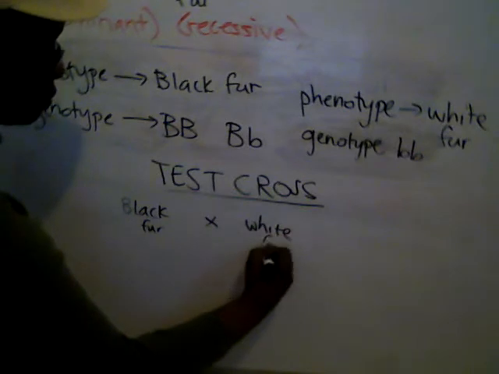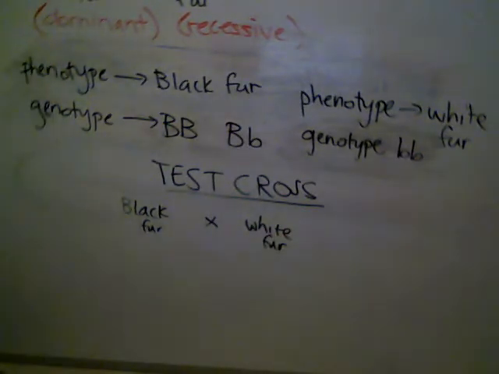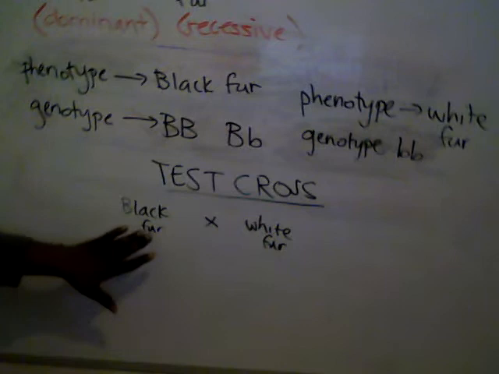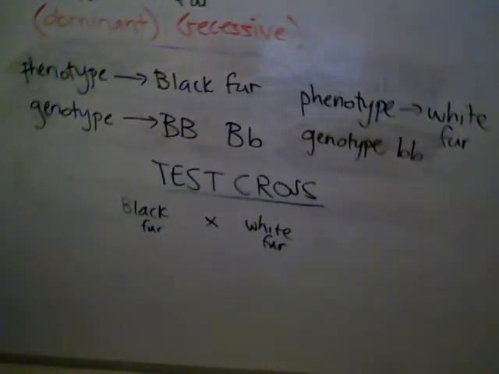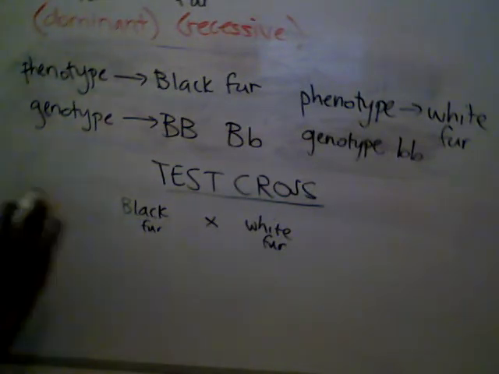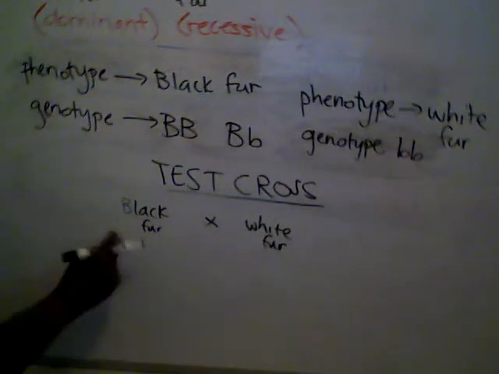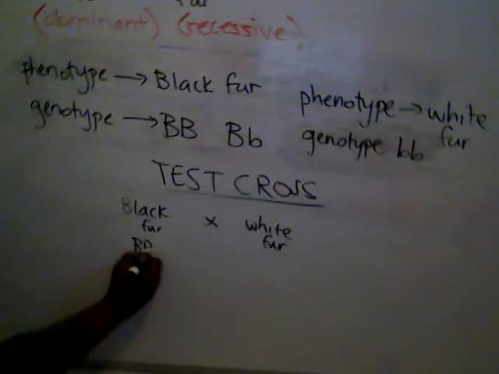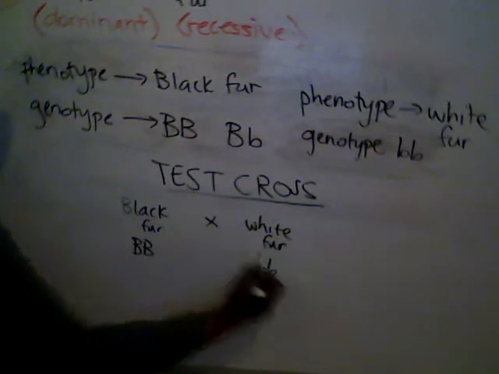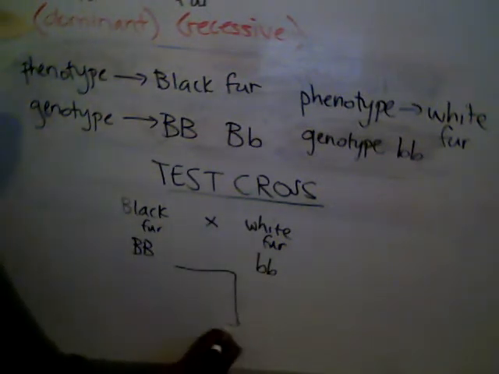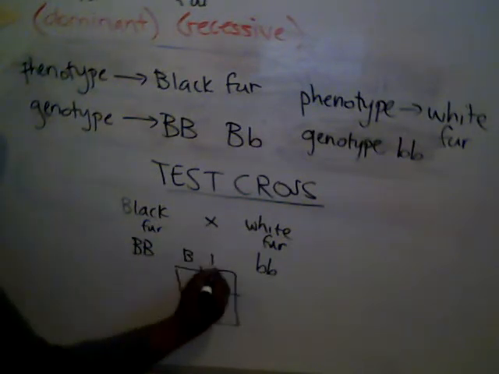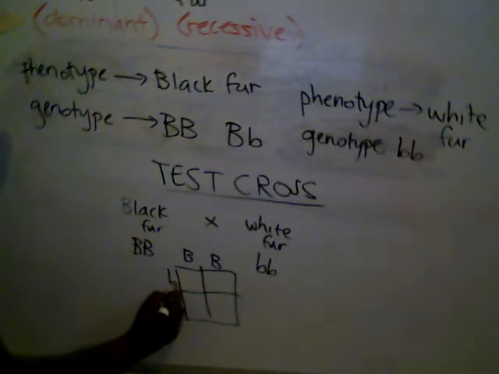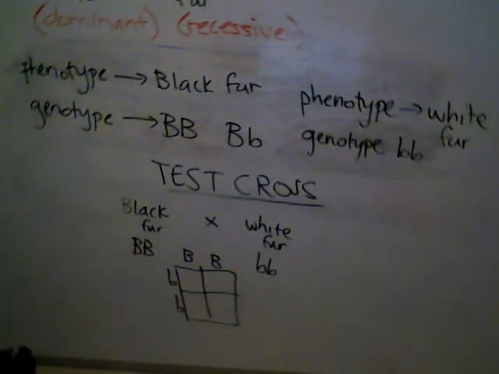Okay. And what we'd want to look at for this test cross, to be able to work backwards and figure out which one of these this rabbit had to have been, is the combinations of their offspring, how their offspring appear. So as a hypothetical, let's say that the black fur was big B, big B. We know that the white fur is little b, little b. So for our Punnett square, we draw our square and we separate these, big B, big B, and these two, little b, little b.